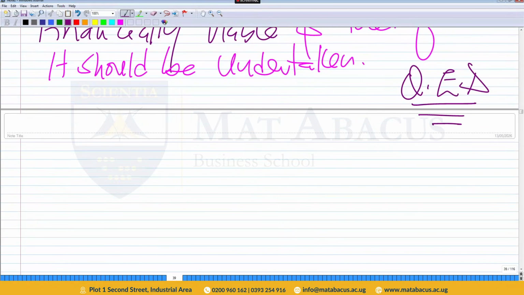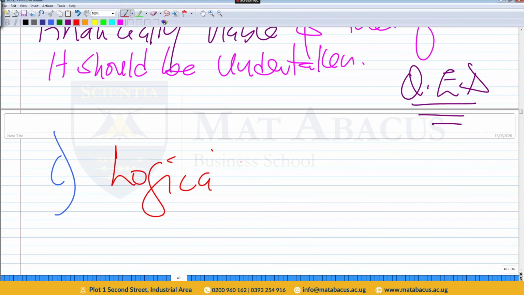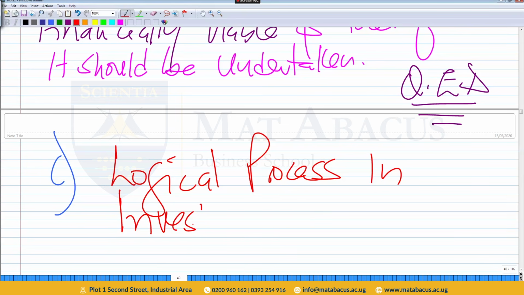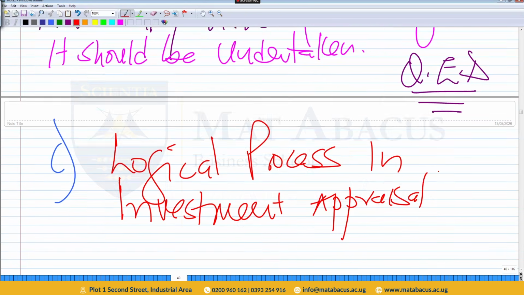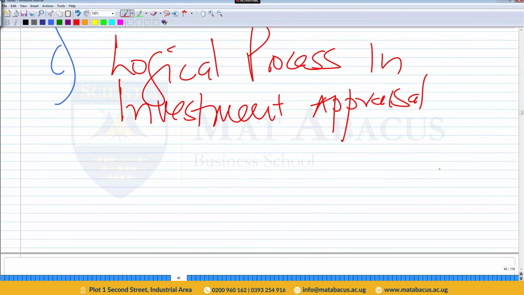Part C of the question was talking about the logical process in investment appraisal. This logical process is the same as stages involved.